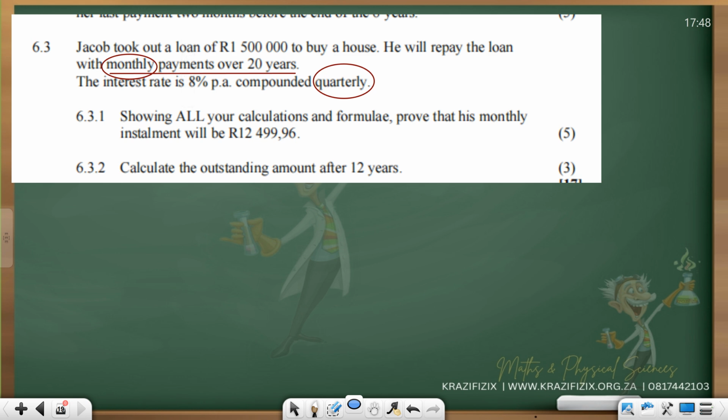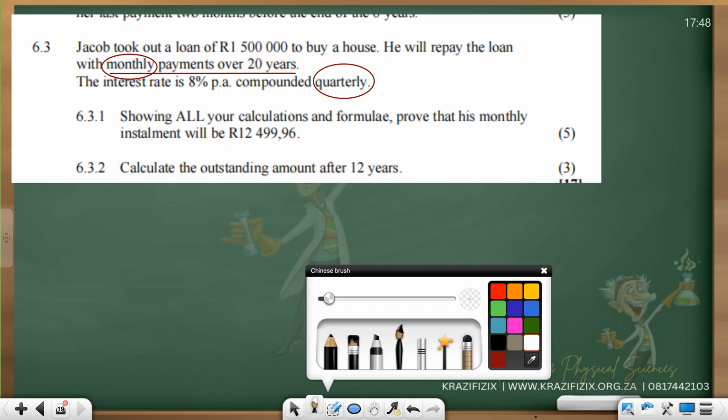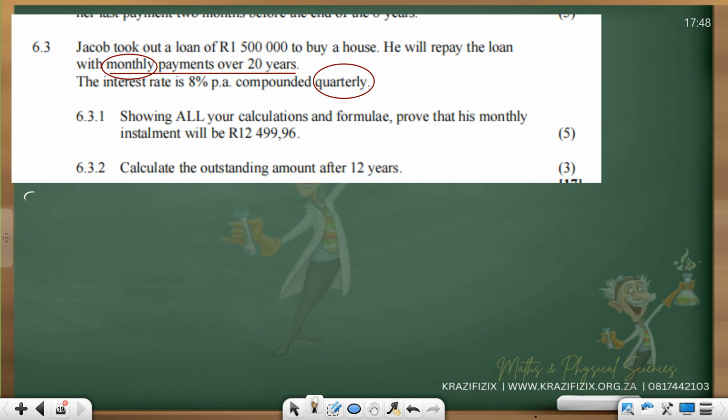Now, I cannot calculate anything with monthly until I first convert the interest rate to monthly. And how do I do that? I told you, use your F formula.